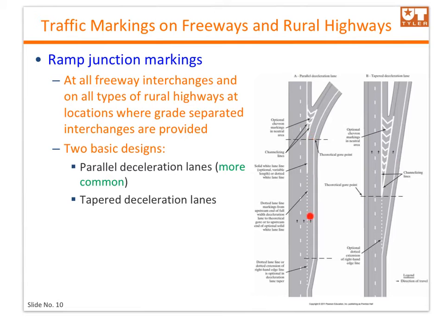where the drivers are going to adjust themselves and drive in the far right lane before they get to exit. But here really they don't have that much chance, so they're going to have this gore area bigger for the confused drivers. But I hope now you see that there's a difference in markings.